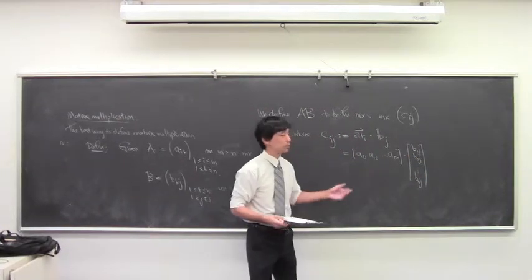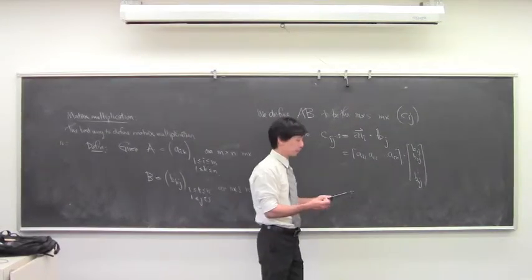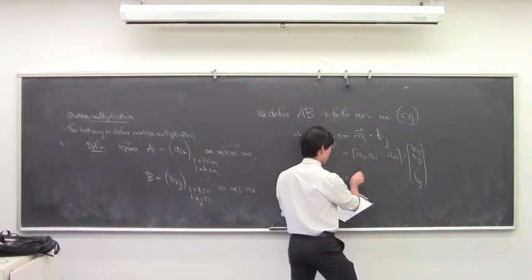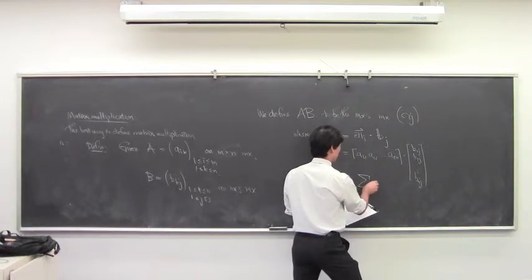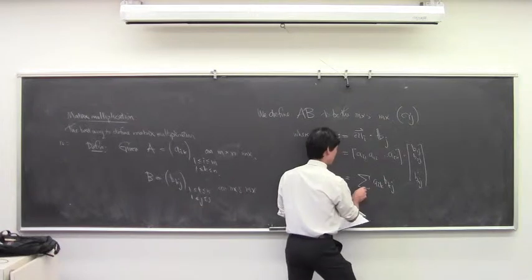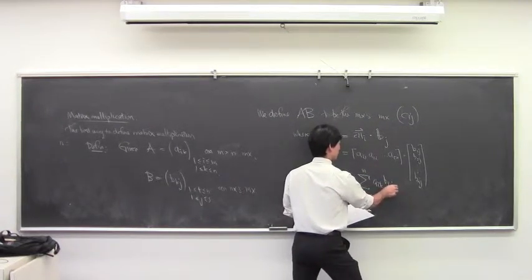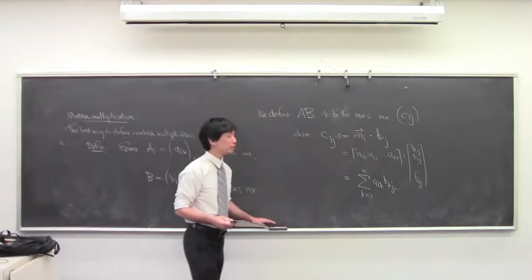We're going to use our knowledge of the dot product. So what you get is, of course, the summation of Aik Bkj as k ranges from 1 to n. You get this sum.